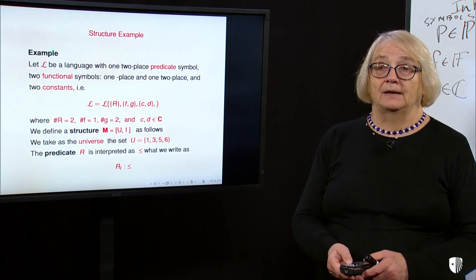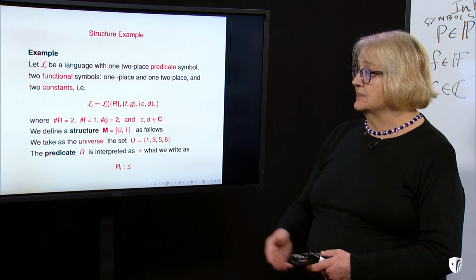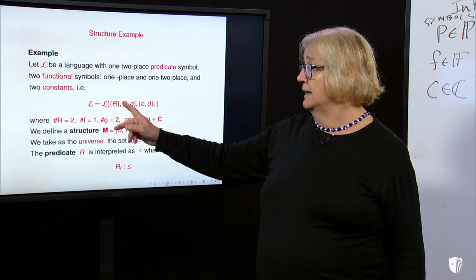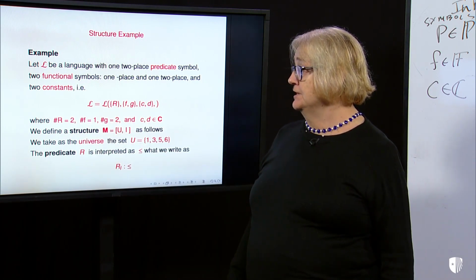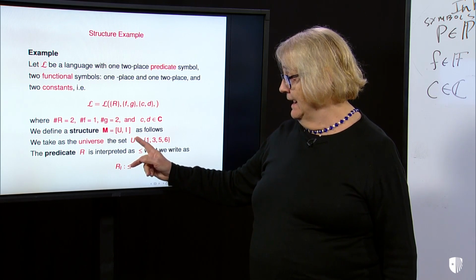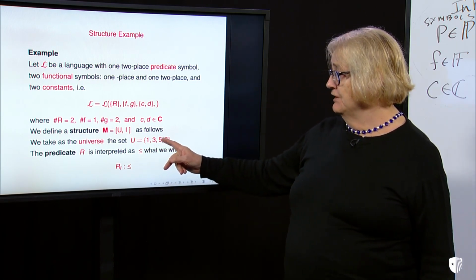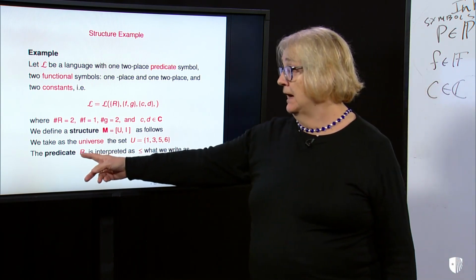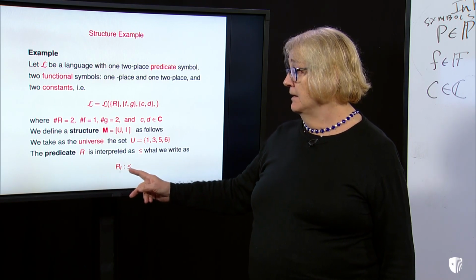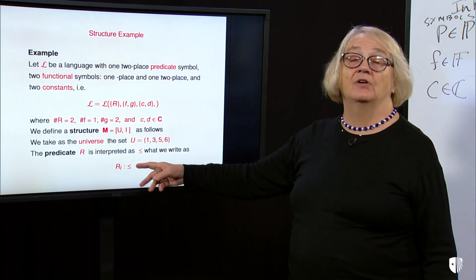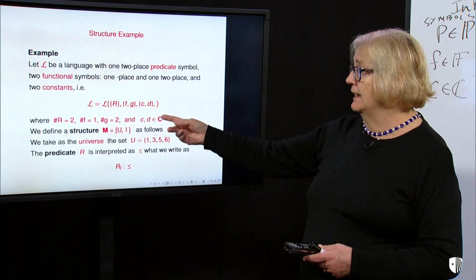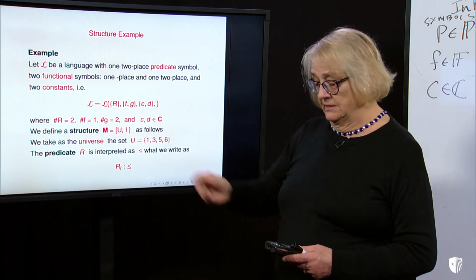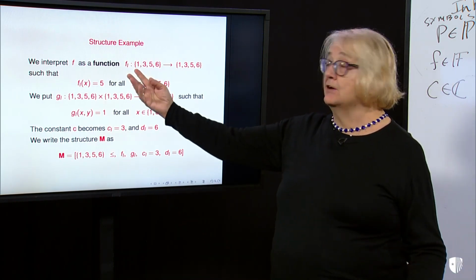So, an example, it's a nice example. For example, you have a language which has one relational symbol, a two-argument relation R, and I have the universe U = {1, 3, 5, 6}. I pick some numbers. So the predicate R, I interpret in this set as the less-or-equal relation. And then I have the two-argument function G, and F is a one-argument function, and c and d are constants. Here's the function.